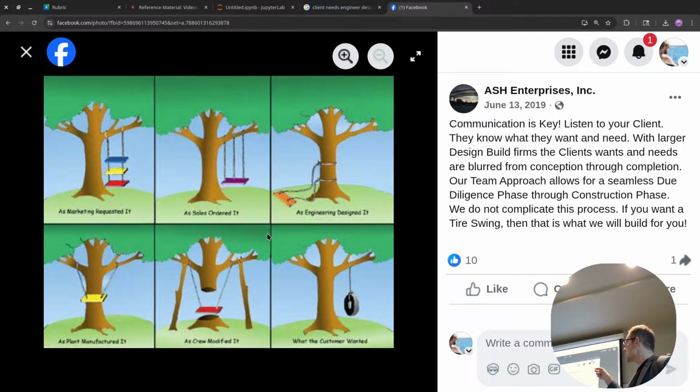What sales ordered, a swing set with extra lines attached to it. The engineer designed it. It's still a swing, but it's not actually ever going to swing. The crew modified it. They cut the tree down, put the tree back up on stilts. Meanwhile, all the customer wanted was a tire with a rope on it. So as long as you're talking through and making your process clear and addressing things, then you'll get to the right kind of bottom right solution. Sometimes it's more work, sometimes less work.